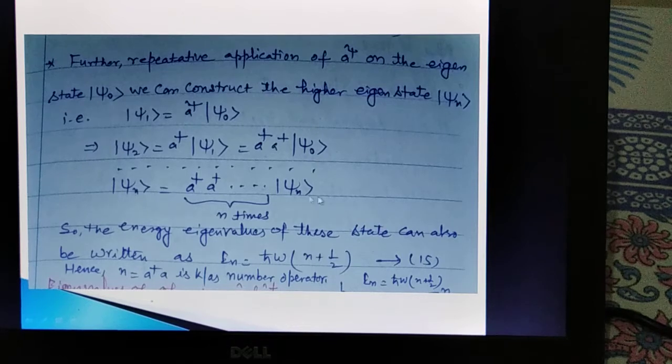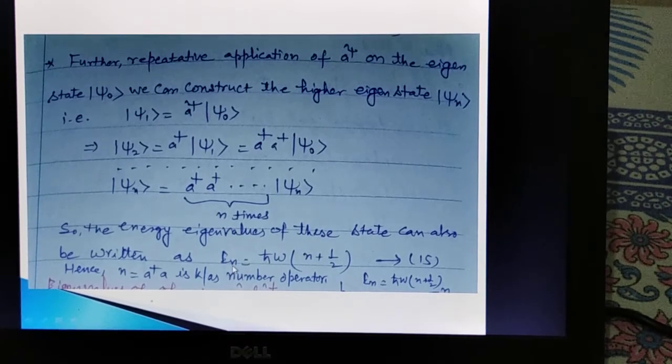So you can write that on operating n times A dagger on psi 0, you will have En equal to h cross omega n plus half. So this is the energy eigenvalue for the simple harmonic oscillator.